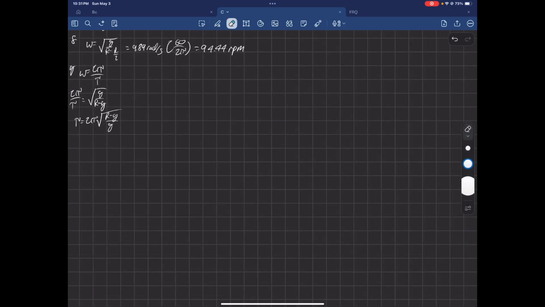So for part H, if the ball is now rotating instead with an angular speed omega about its axis of symmetry, find the angular speed needed to keep the ball rotating with the ball. So that means that the centripetal force would have to be equal to the normal force in the x direction. We found F_N to be mg over cosine theta, so we can just plug that in.